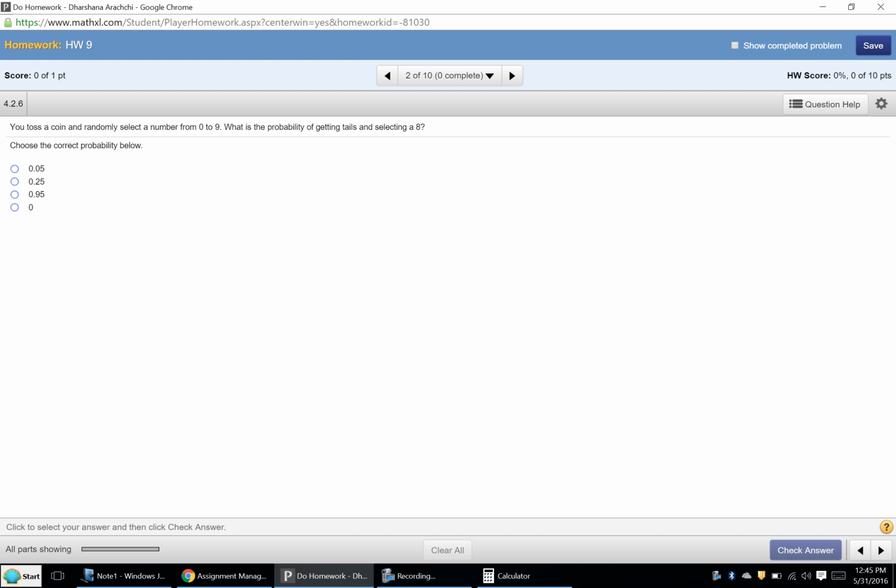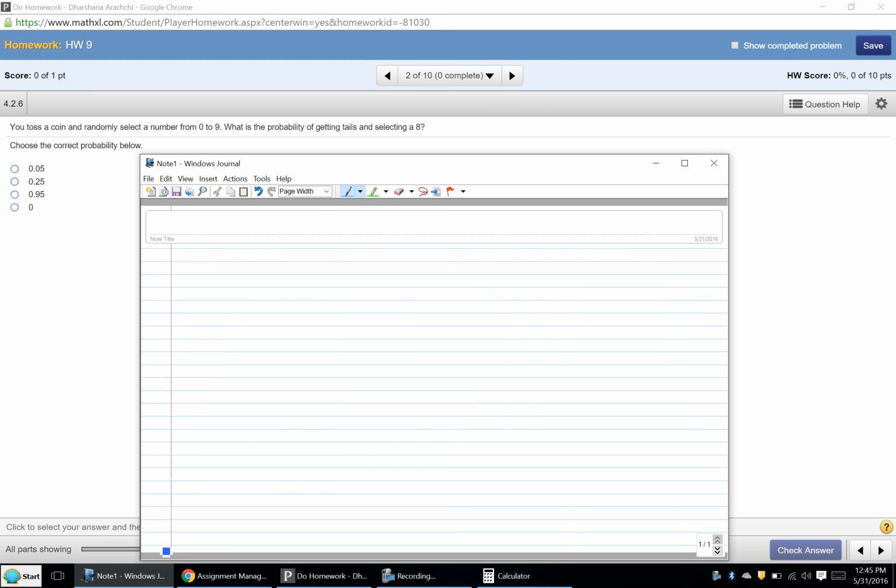Okay, now let's go back to this example. We have two experiments here. One is tossing the coin. If you toss a coin, you have two outcomes, right? You can have either head or tail.